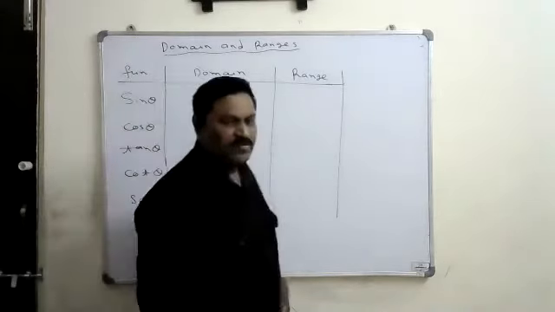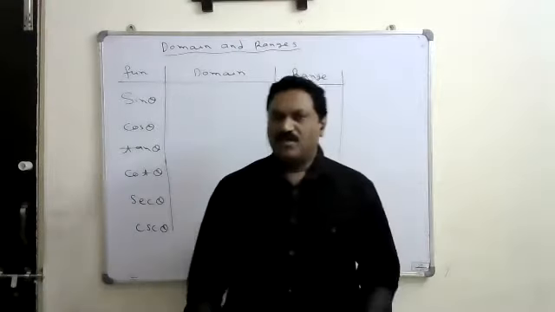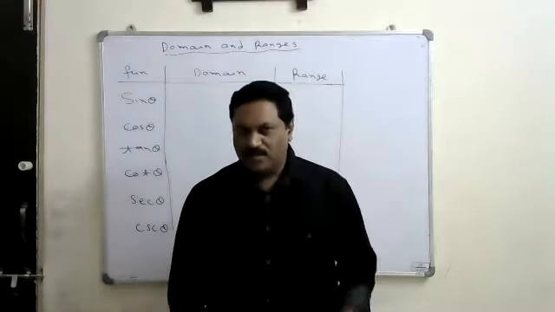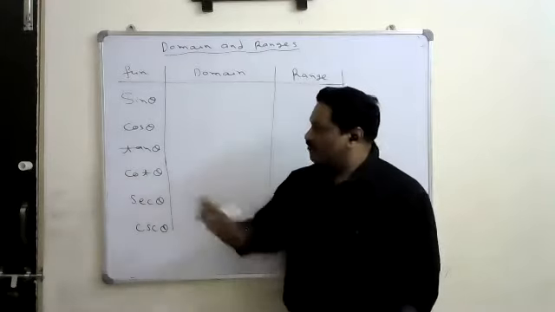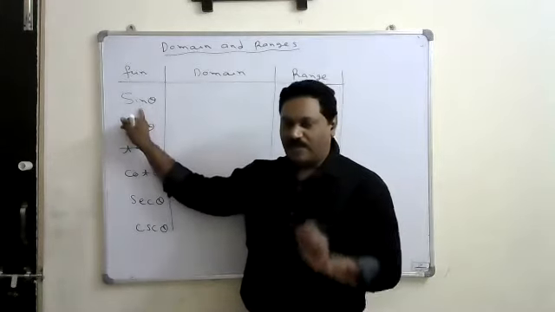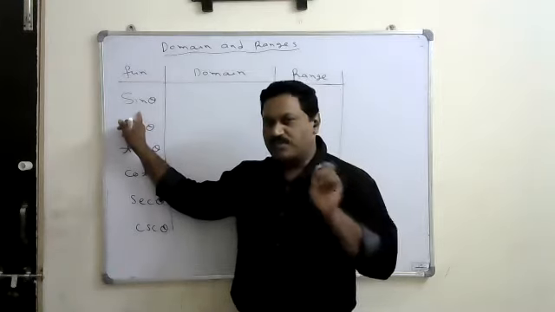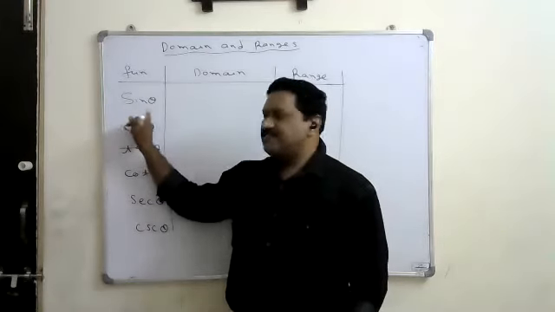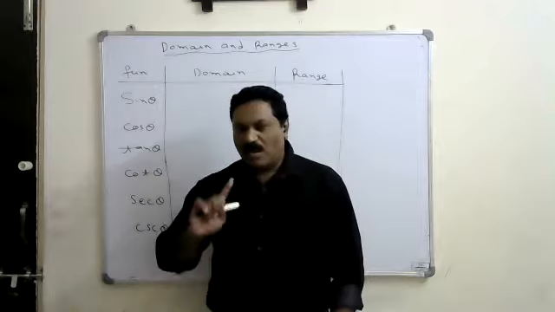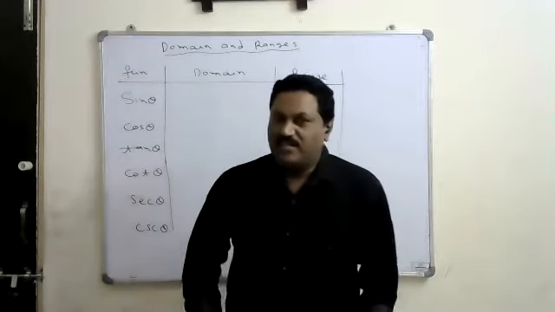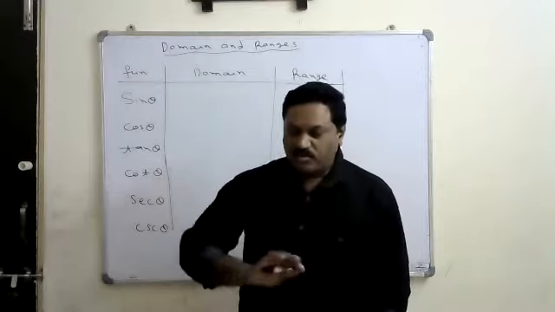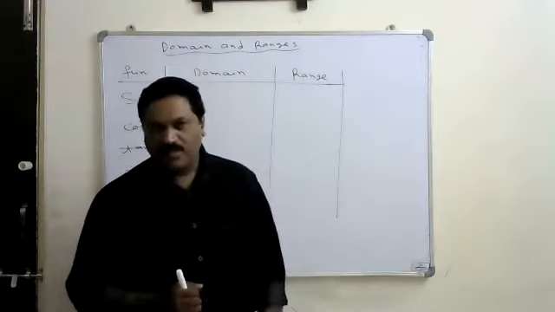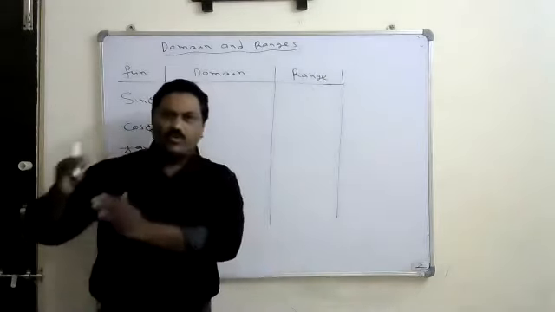Already yesterday I was explaining to you that domain is nothing but the set of values of theta for which the function will be defined. For what values of theta the function is going to be defined, all those values are called the domain. Range is nothing but, for those values of theta, what the function is going to give.